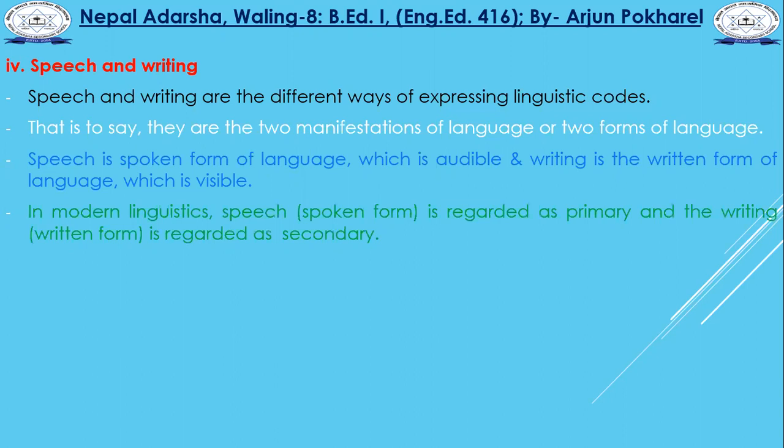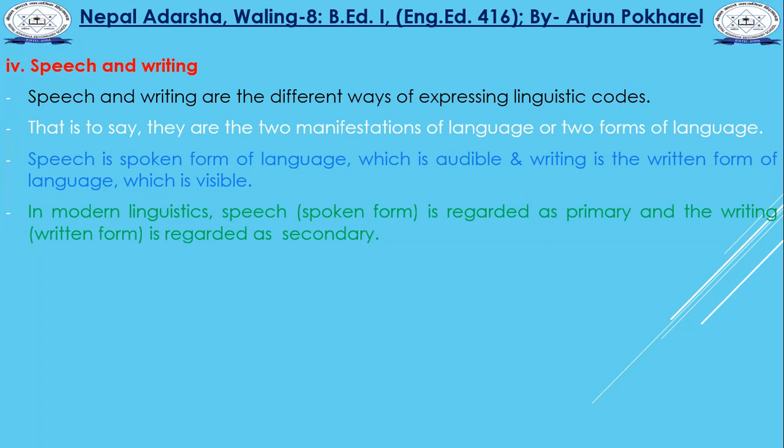Next, in modern linguistics, spoken form is regarded as primary and the written form is regarded as secondary. In traditional grammar, in traditional linguistics, written form was regarded as primary, and much more focus was given to it. Now in modern linguistics, spoken form is regarded as primary.